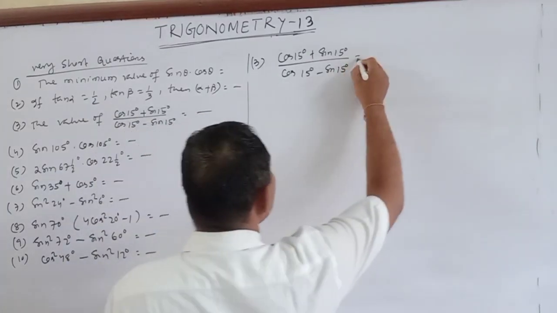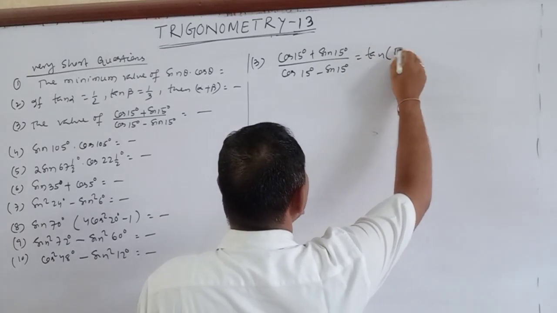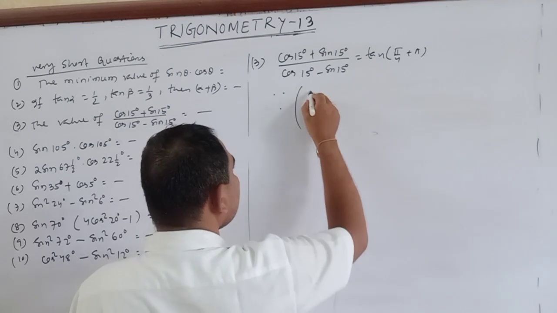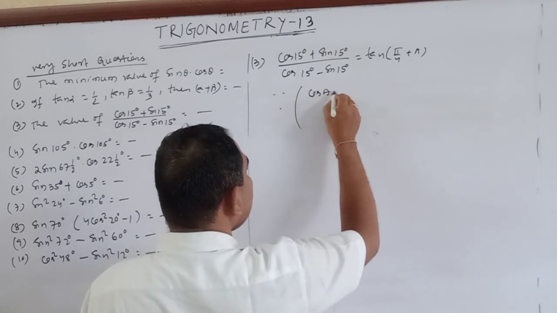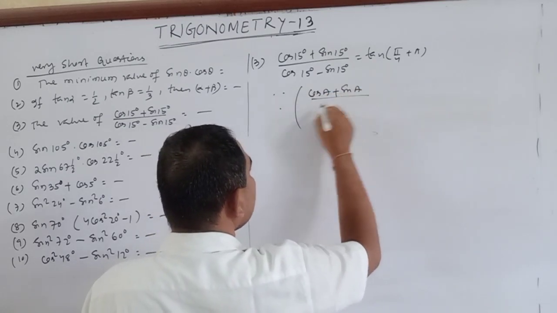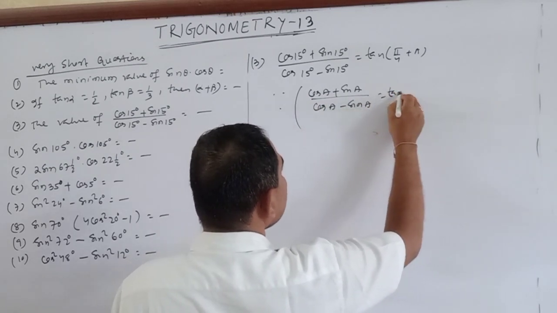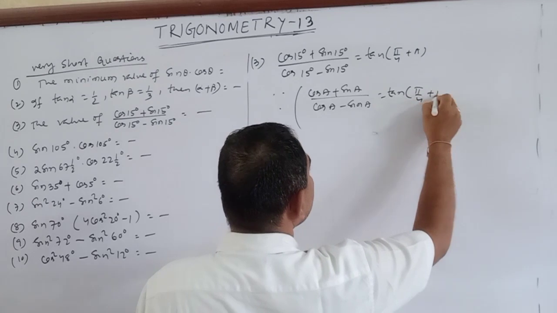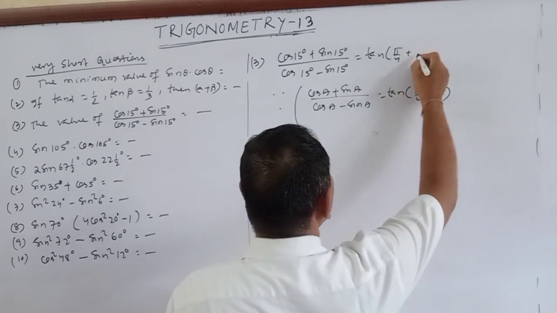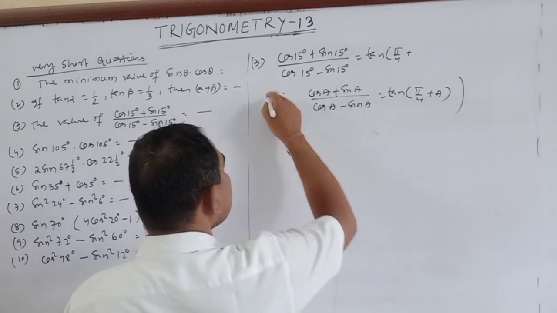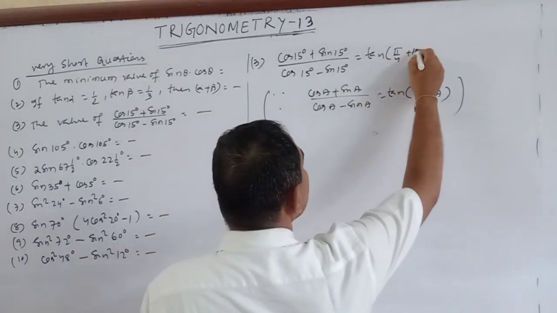Remember this formula: cos a plus sin a divided by cos a minus sin a is equal to tan of pi by 4 plus a. Here a means 15 degree.